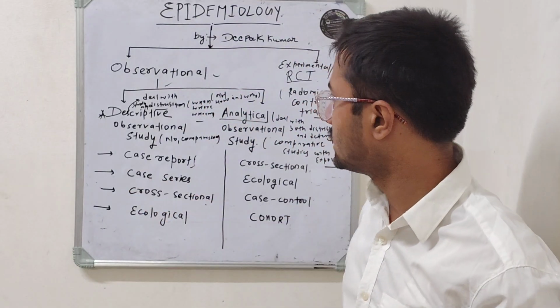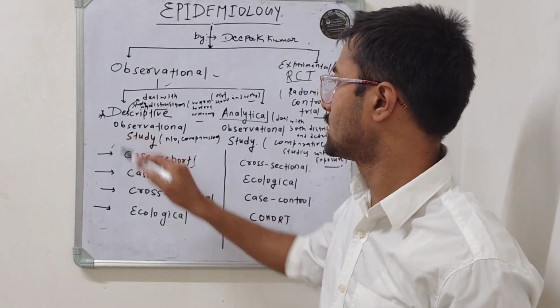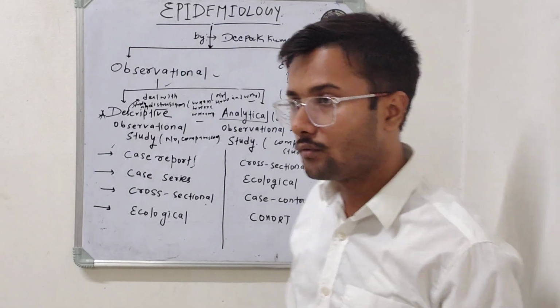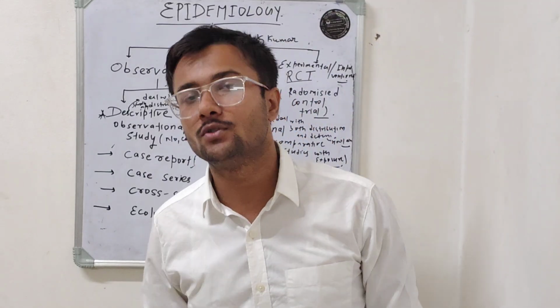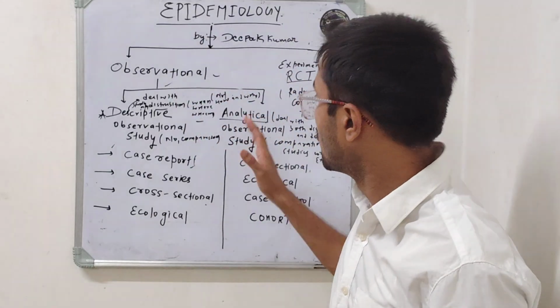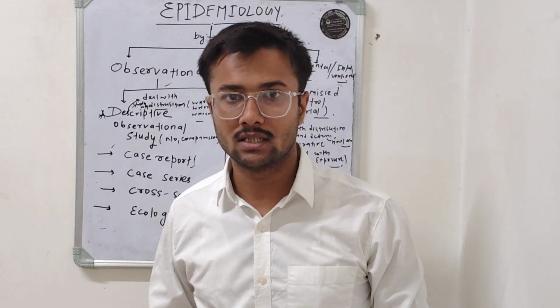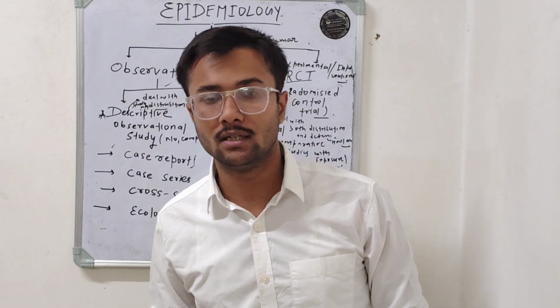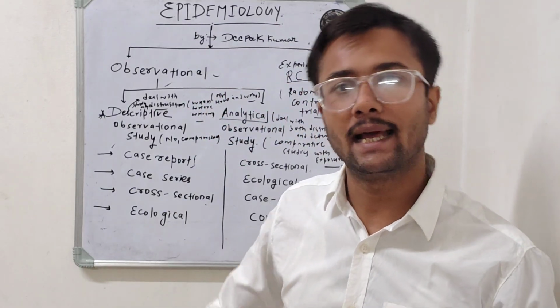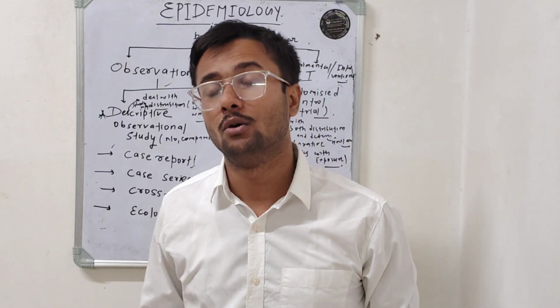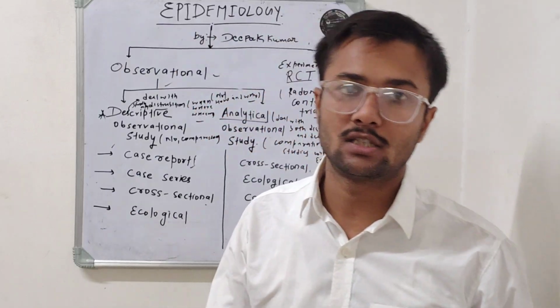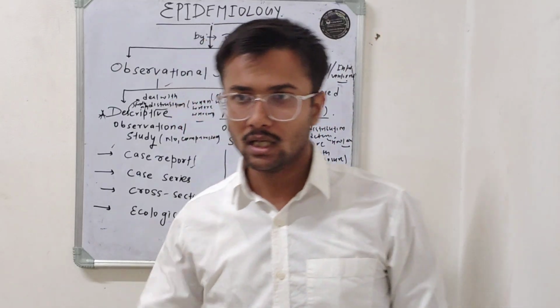Another thing: in a descriptive study, the researcher only studies the distribution of the disease, but in an analytical study, the researcher studies both distribution and the determinants of the disease. What is the meaning of distribution and determinants?